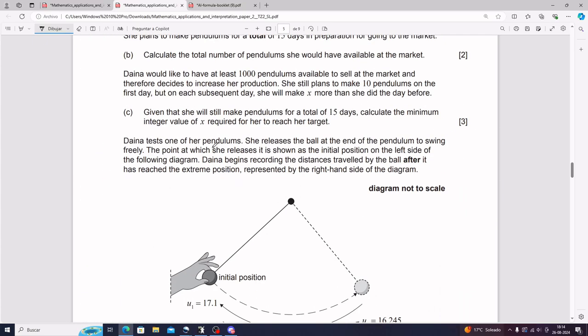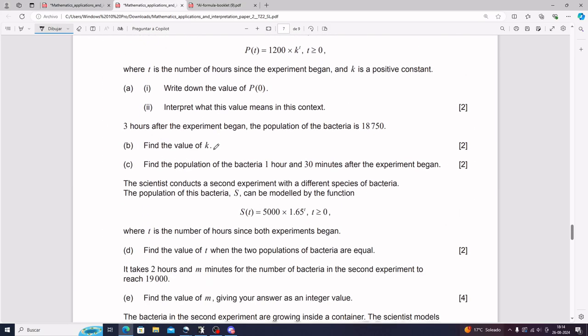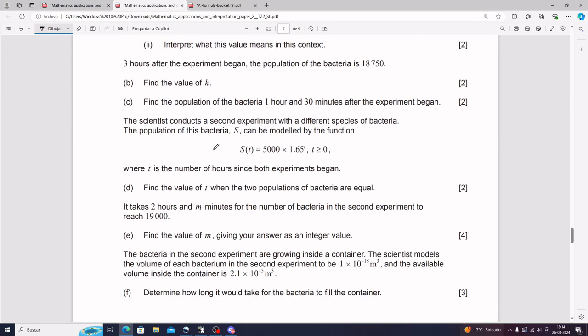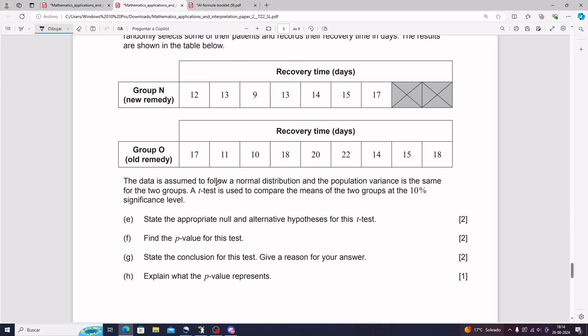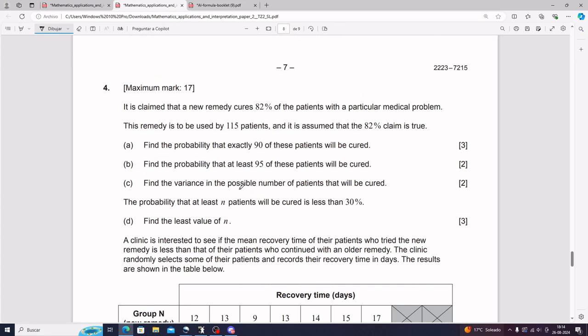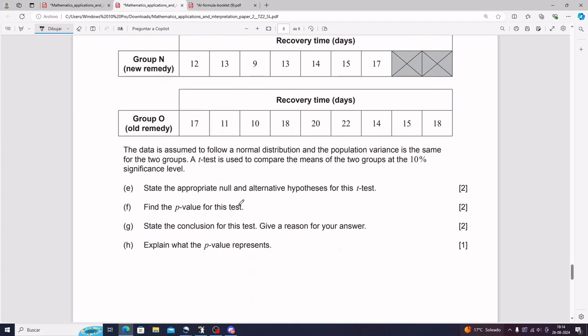Even if we look quickly at, for example, maybe number 4, here we're talking about probability, then we talk about variance, then down here we talk about a p-value. So it's not just probability, it's also doing t-tests and stuff like that. So the thing about paper 2 is that it sort of has 2 exercises in one.